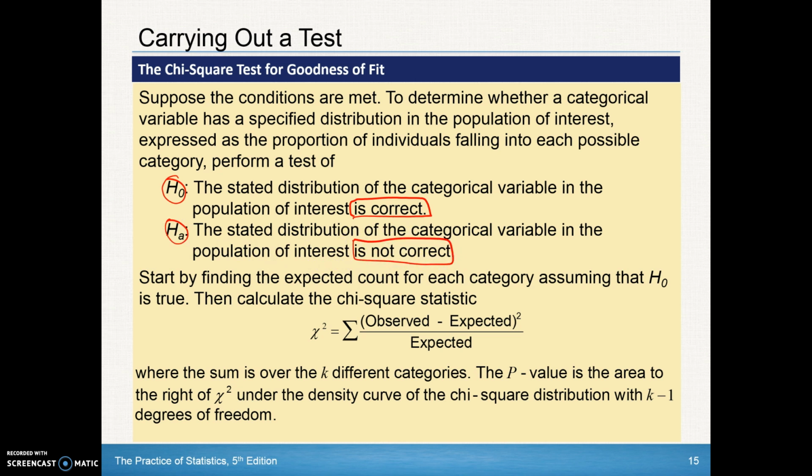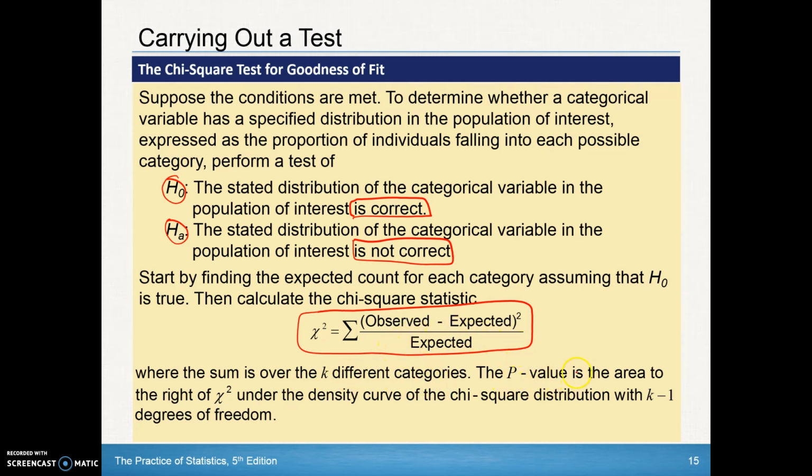Then we'll start by finding the expected counts for each category, assuming that the null is true, and we'll calculate our chi-squared test statistic, where the sum is over k different categories, so no matter what categories we have, we add those all up.